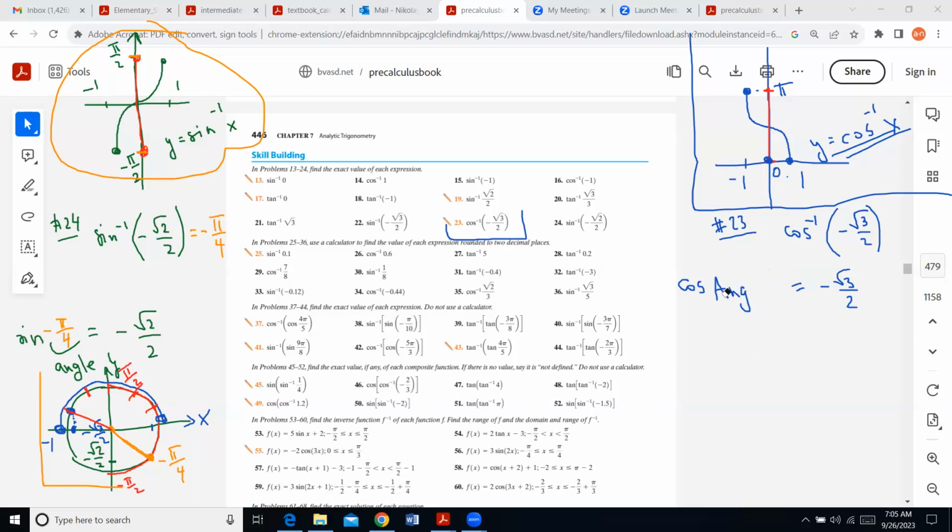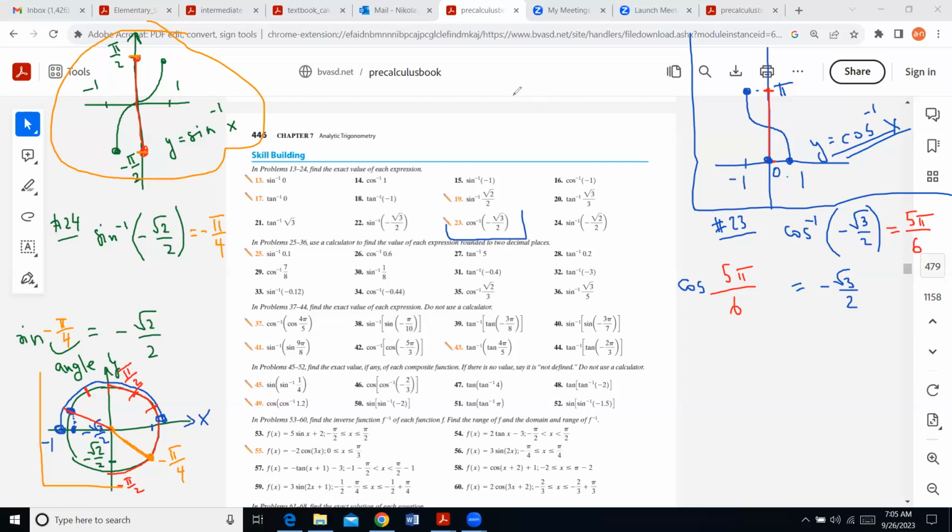As you said, 5 of these pi over 6's. And I'm glad that you don't put it in terms of degrees, but you put it in terms of radians. 5 pi over 6.